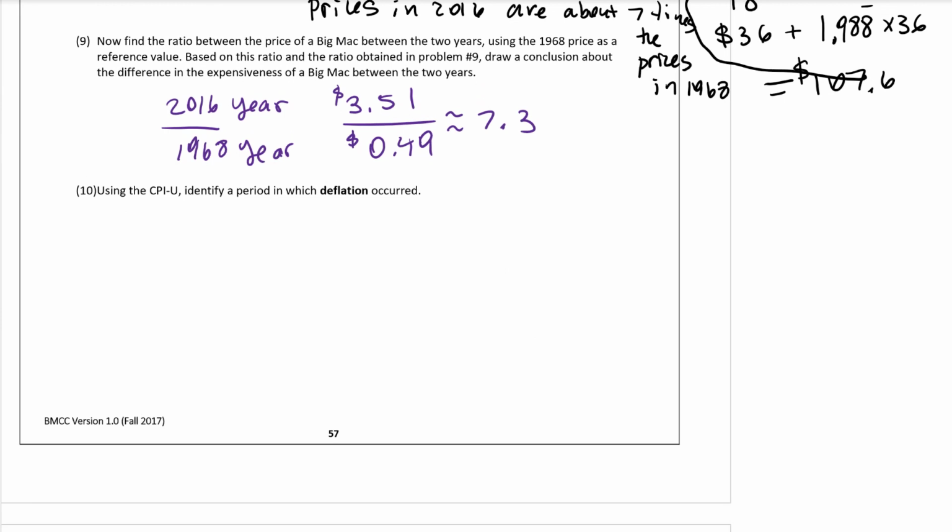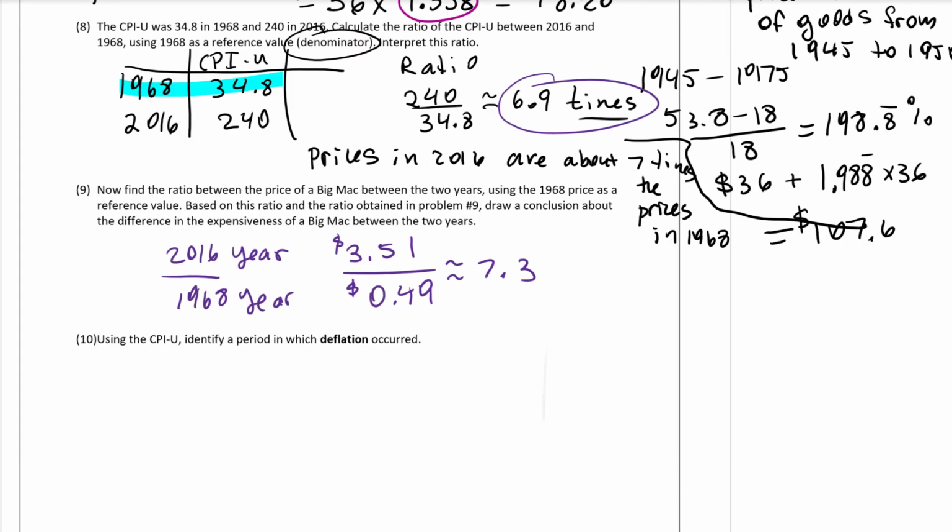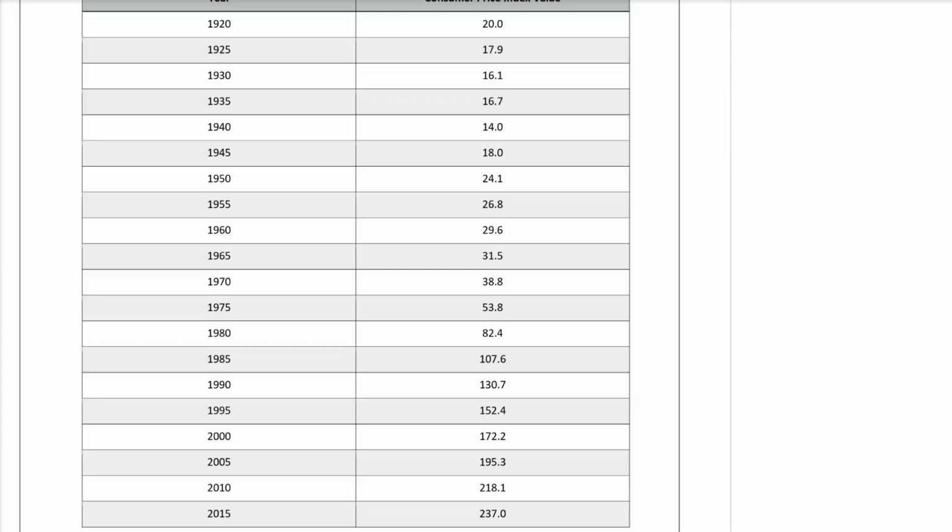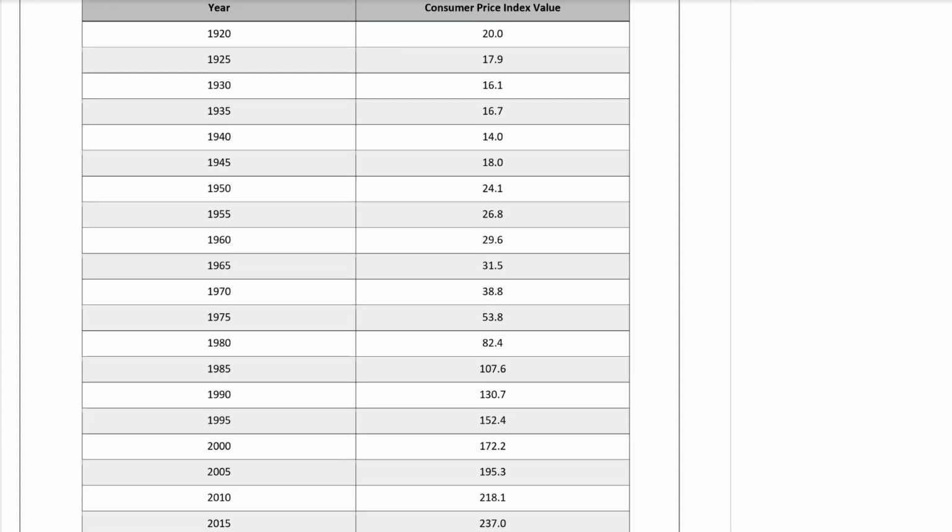Here, question 10 is asking us, using the CPI-U, identify a period in which deflation occurred. Deflation is when the prices are going down instead of going up. So if you look at this table, what were the years when the prices actually decreased? Let me give you a moment.